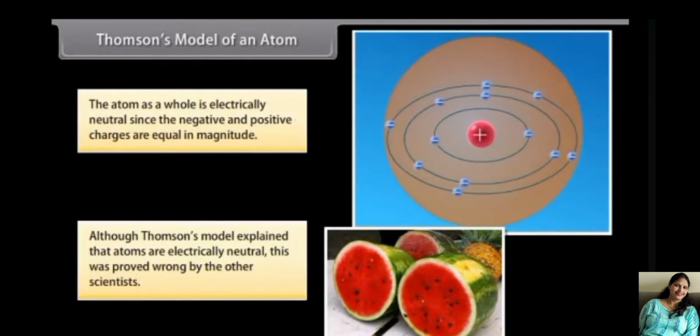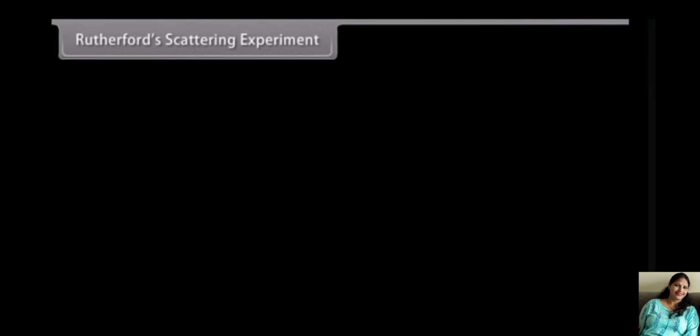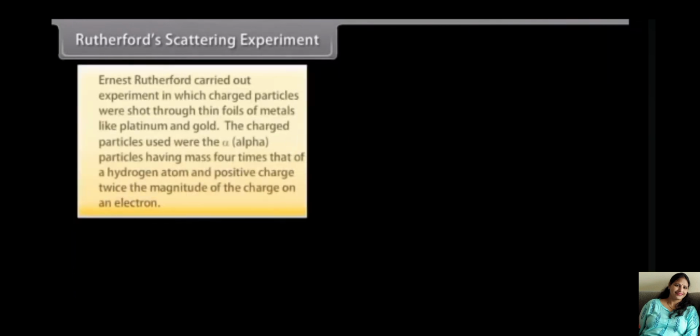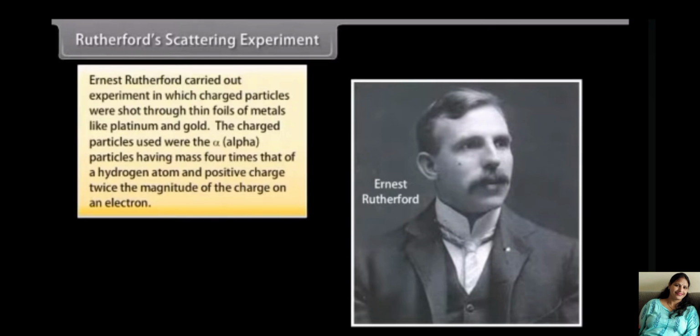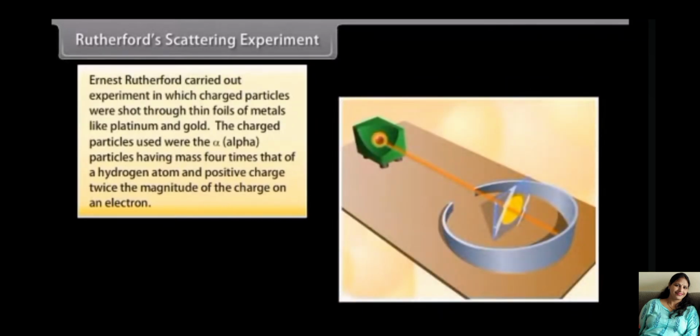Although Thomson's model explained that atoms are electrically neutral, now the second model was proposed by Rutherford, and this is known as Rutherford scattering experiment. E. Rutherford carried out an experiment in which charged particles were shot through thin foil of metals like platinum and gold.